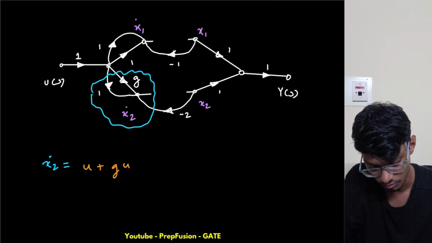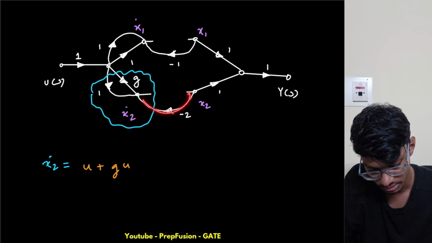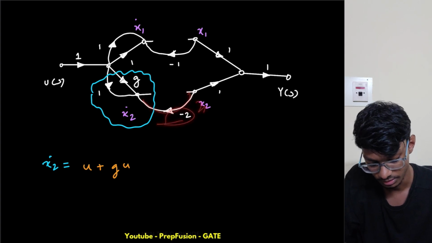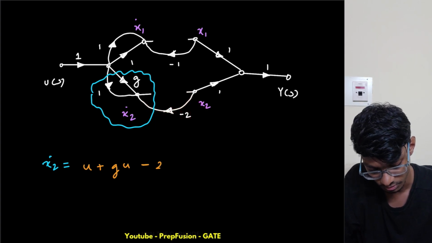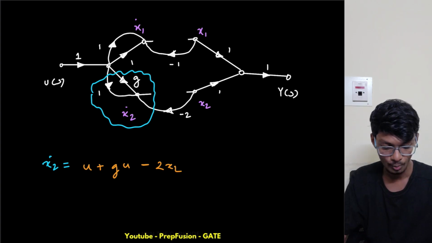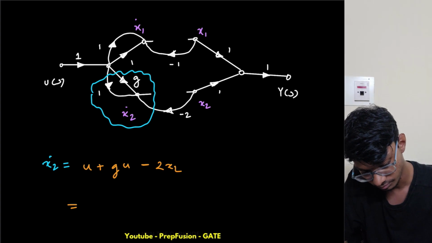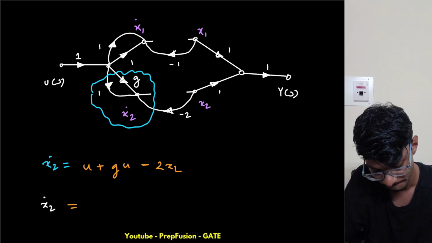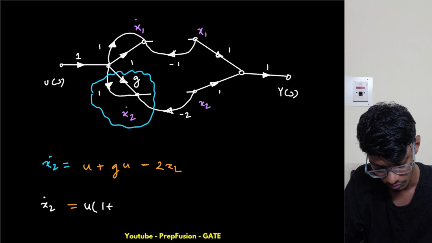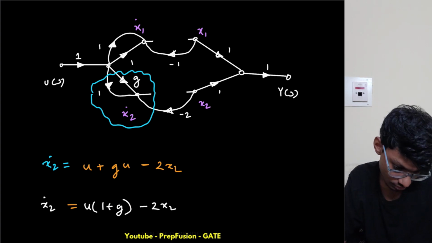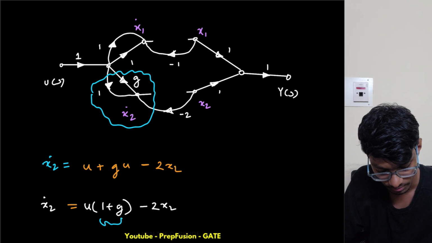Now what is this? This is x2 times minus 2, right? So this is minus 2 x2. So x2 dot is equals to (1 plus g) u minus 2 x2. Now to make this uncontrollable, this has to be 0.